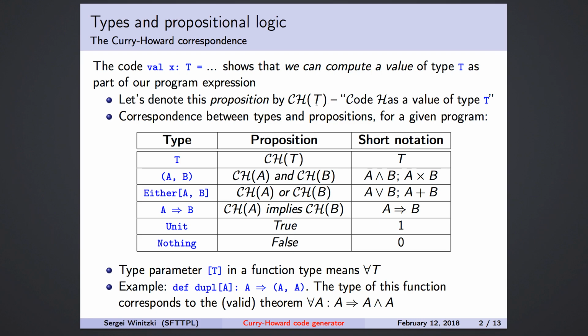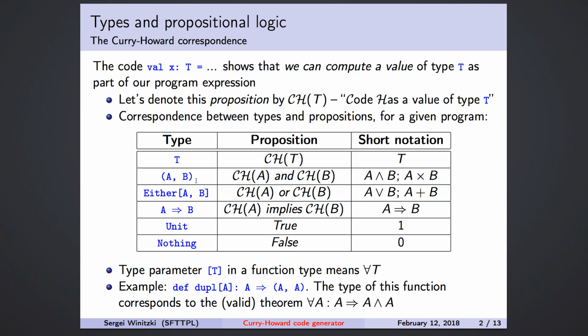So here's an illustration of why this correspondence is interesting and productive. The reason is that if you have types like you have in most functional languages, like in Scala, you have a tuple type.